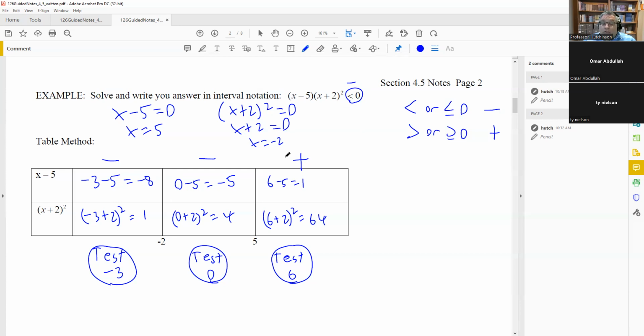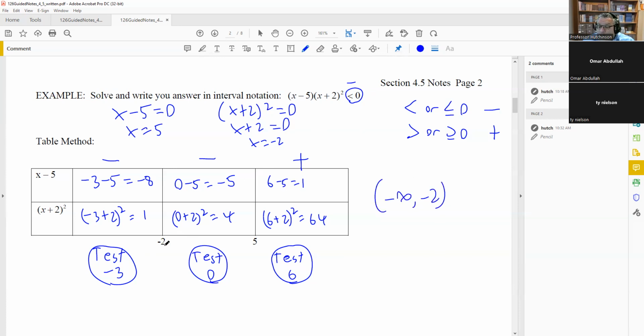If you look at the graph of that, it'll touch the x-axis at -2, but we don't want to include that because we don't want it to actually equal 0. So for my answer, I'm just going to describe the region that has the 2 negatives, and I need to write a separate interval for each one. I'm going to go from -infinity to -2.